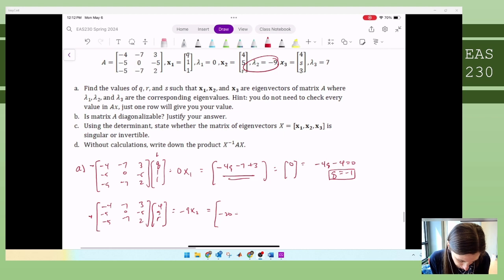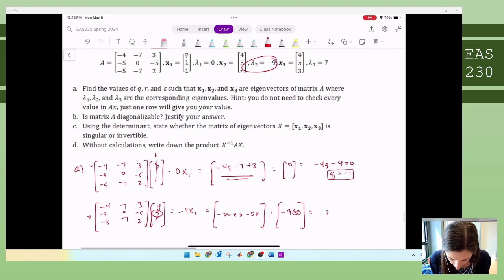So negative 20 plus 0 minus 5r should equal negative 9 times 5 times this value. That means I have negative 20 minus 5r equals negative 45, or negative 5r equals plus 20. Negative 25, r equals 5.